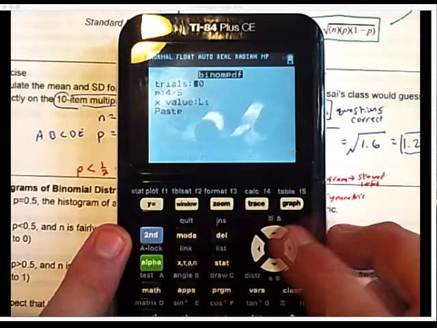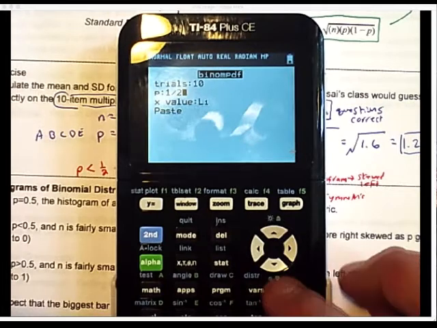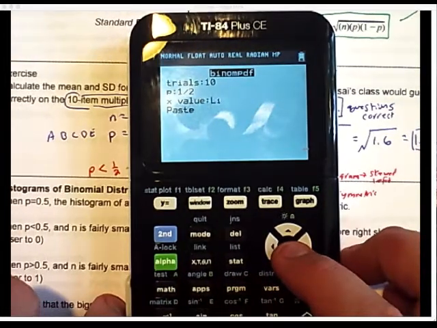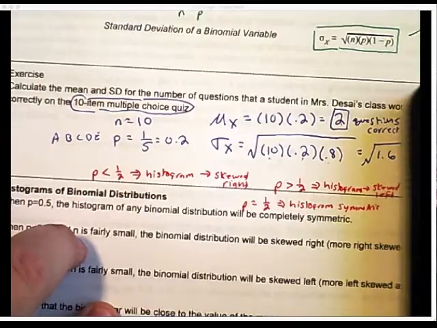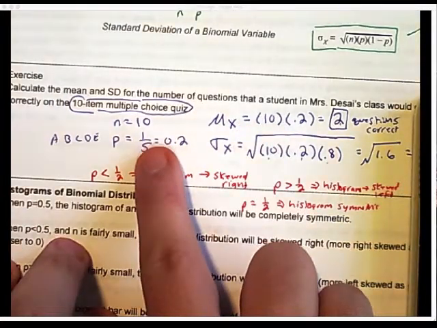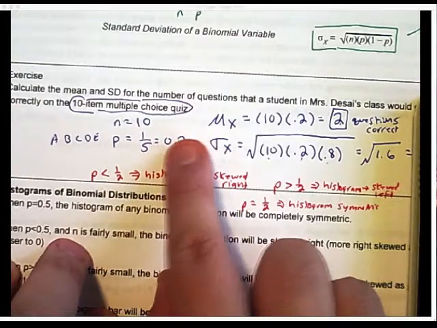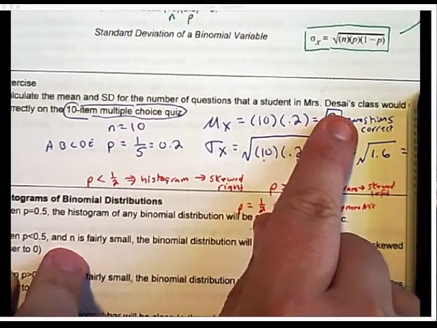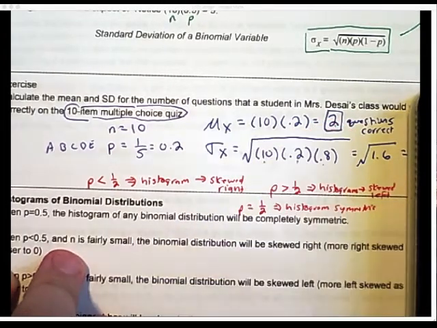All right, let's change it one more time. Let's change the p-value to exactly 1/2. All right, so before we do it, if this was 1/2 instead of 1/5, this would be 0.5, that would be 0.5, and this would be 5. So the expected number that someone would get right was a half.